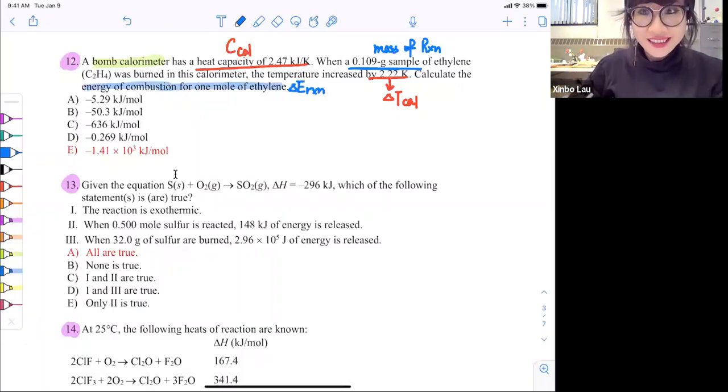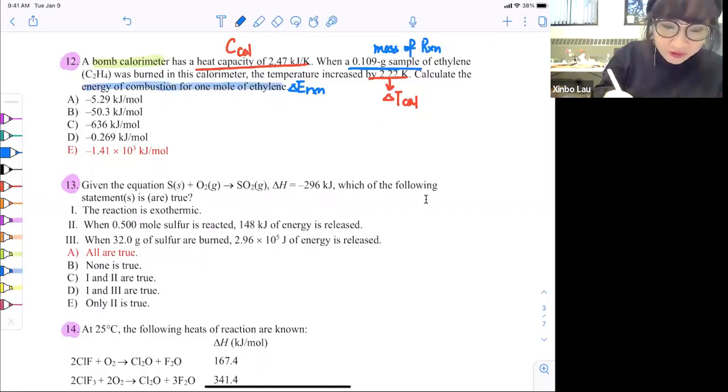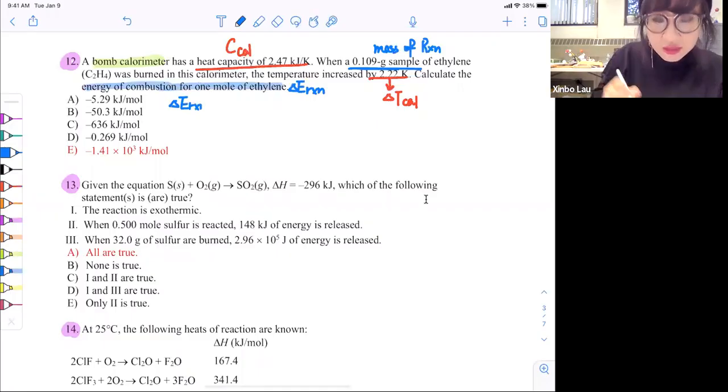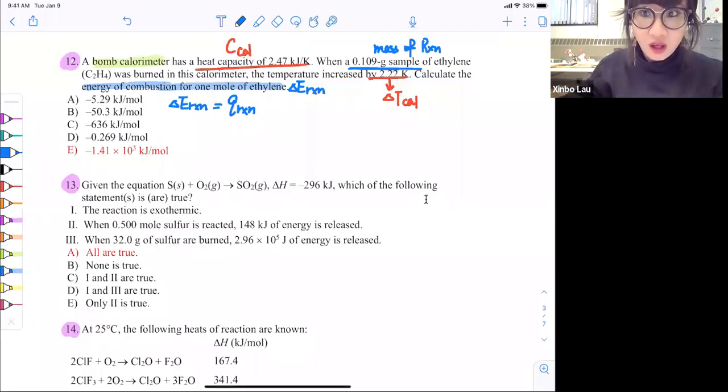Clearly, as I said, there is a relationship. We'll assume the heat change is only between the calorimeter and your reaction. From the calorimeter, we also learn this: since it's built for constant volume, work equals 0. So delta E, the energy change of the reaction, just equals the heat of the reaction.